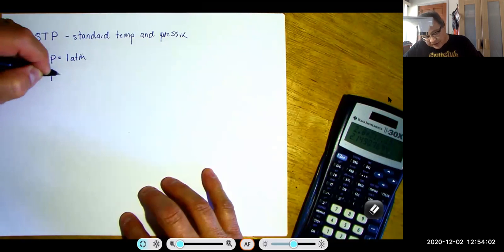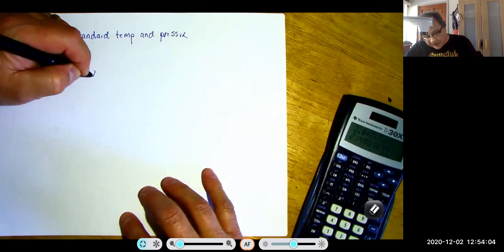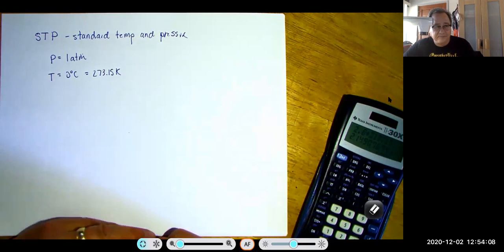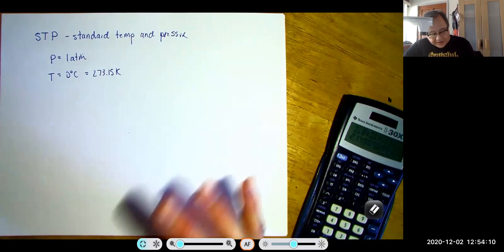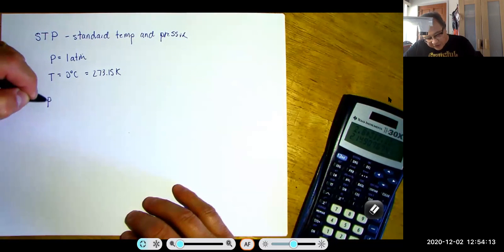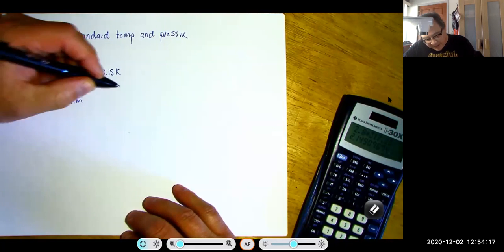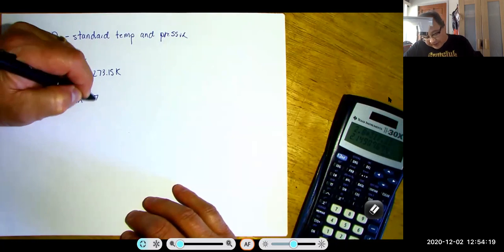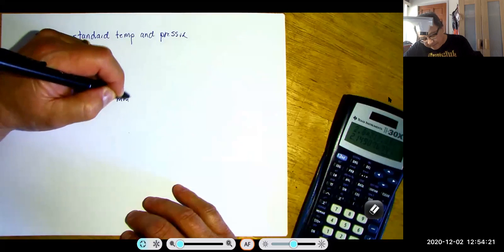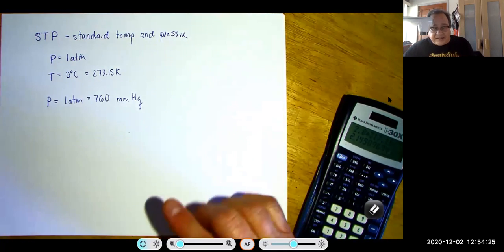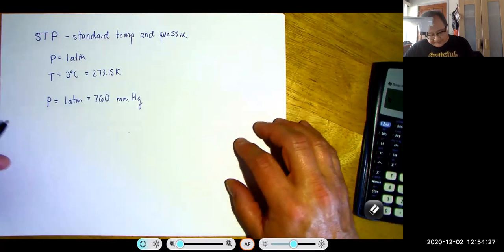The temperature is 0 Celsius or 273.15 K. Now, there's something else I want to teach you is that pressure, the units are usually atmospheres, but sometimes they can be millimeters of mercury. And this is exact. 1 atmosphere is exactly 760 millimeters of mercury.